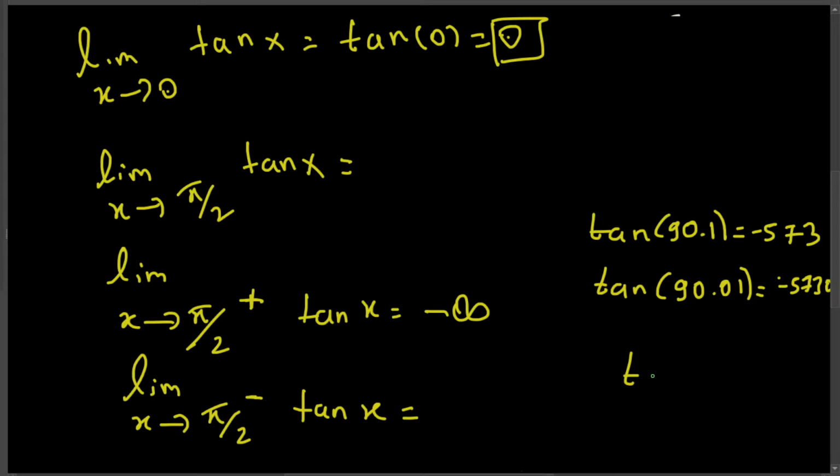We can try something like 89.9. If you plug tan 89.9 into the calculator, you get positive 573, and you can go even closer, like tan 89.99, which gives you 5730.